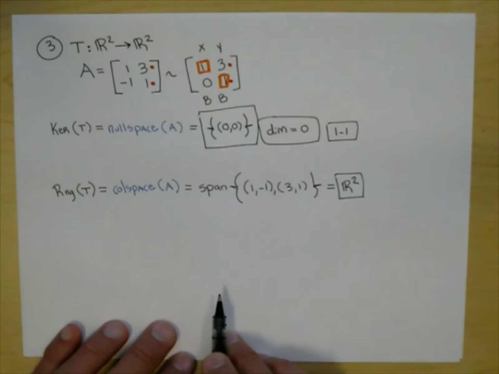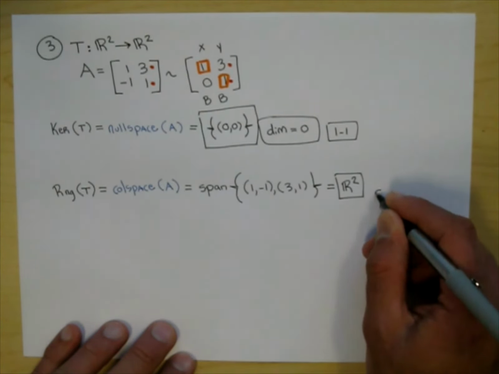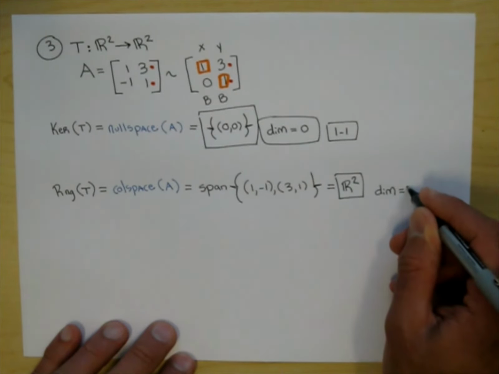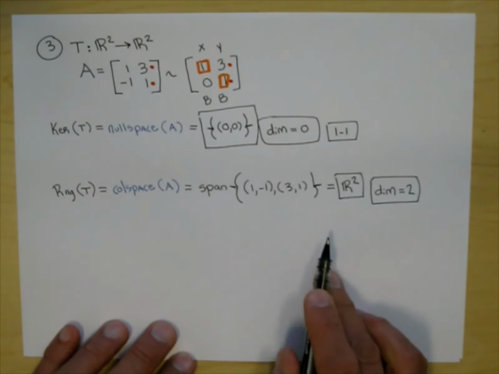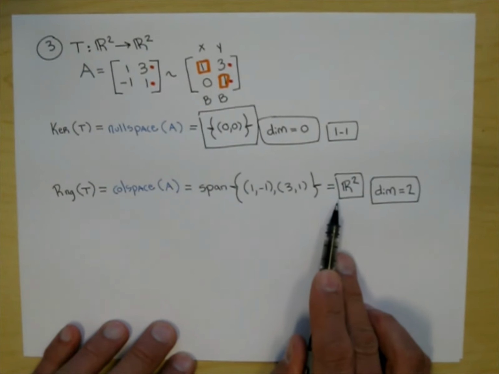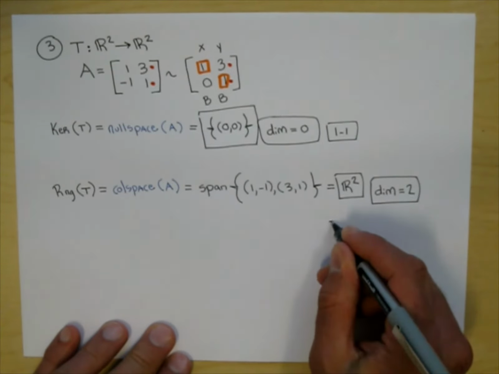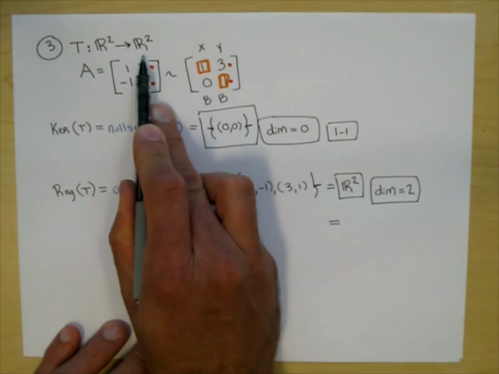The kernel is the 0 vector. What's the dimension of R2? Dimension of R2 is 2. Does the range equal the codomain? Now when I'm pointing to this, this is the codomain, not this.